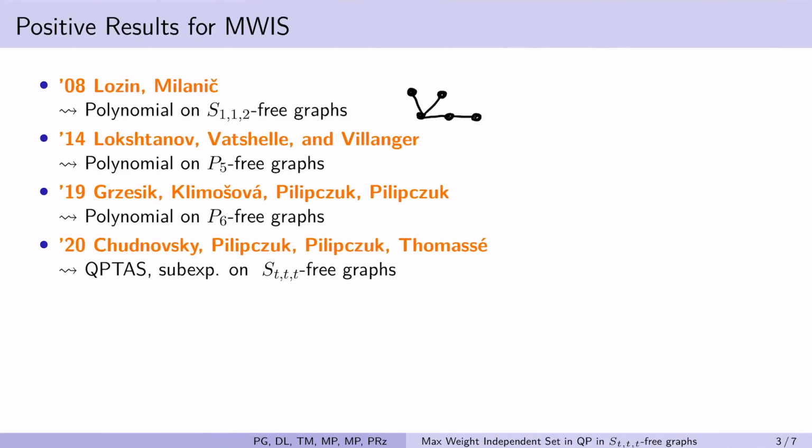So let's look at the history. A positive result was given in 2008 by Lozin and Milanič, and they showed that if we forbid the fork graph, we can solve maximum weighted independent set in polynomial time. This was also extended to P5, so we forbid a path on 5 vertices, but it was already quite complicated, and this paper of Lokshtanov, Vatshelle, and Villanger introduced a very interesting concept that people were building upon later.